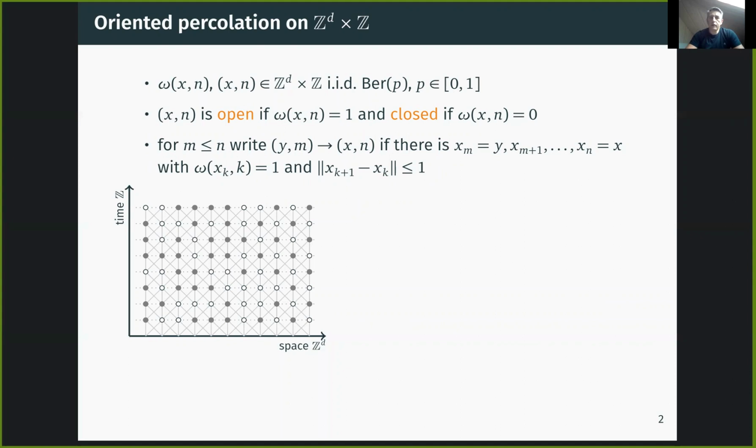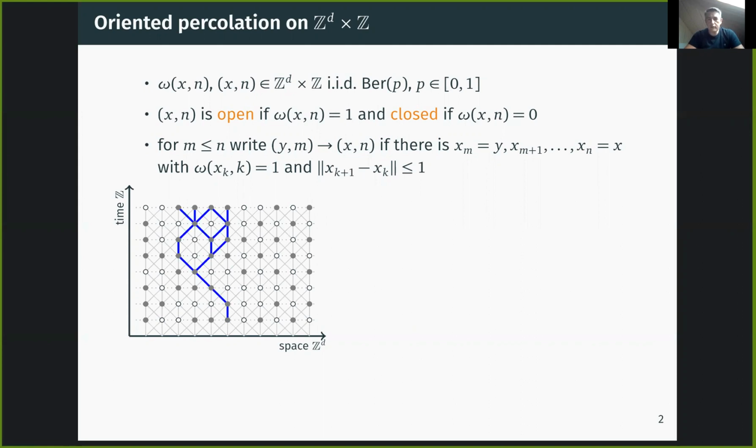We say that we can reach (x,n) from (y,m) if there is an open path which connects these two sites, and the path is allowed only to take steps of size less or equal to 1. So it goes up, like in this picture.